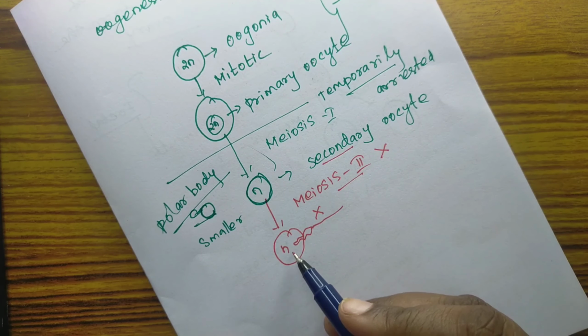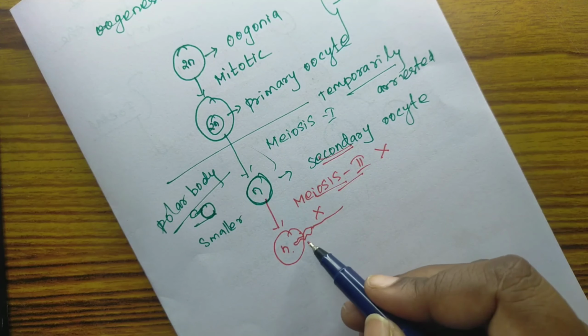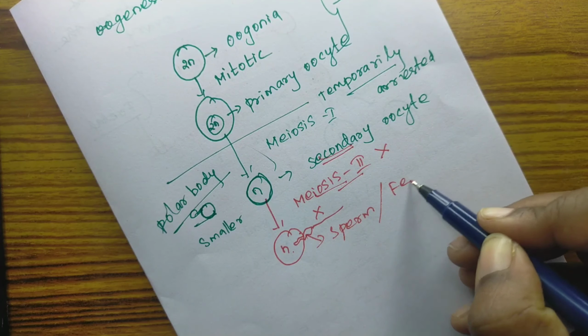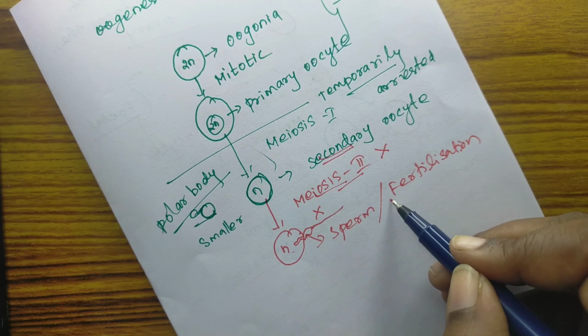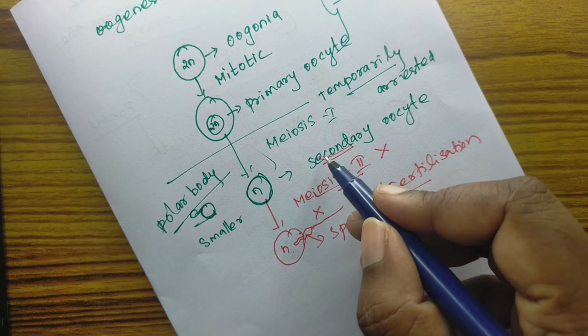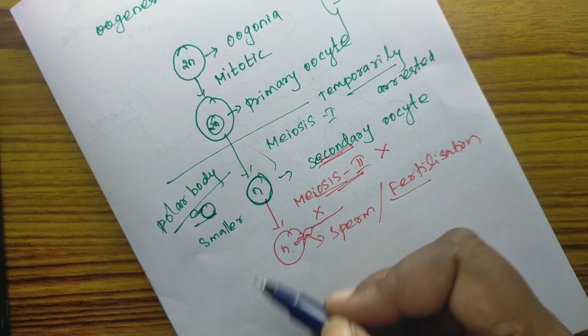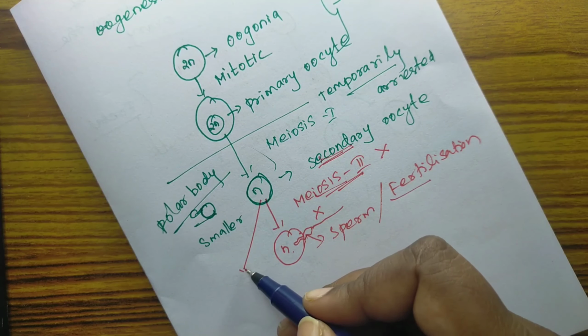So the meiosis 2 process in a secondary oocyte gets completed when a sperm enters inside the egg during fertilization. If there is no fertilization, the secondary oocyte will not complete meiosis 2. And you can find one more polar body as a result of the second division.